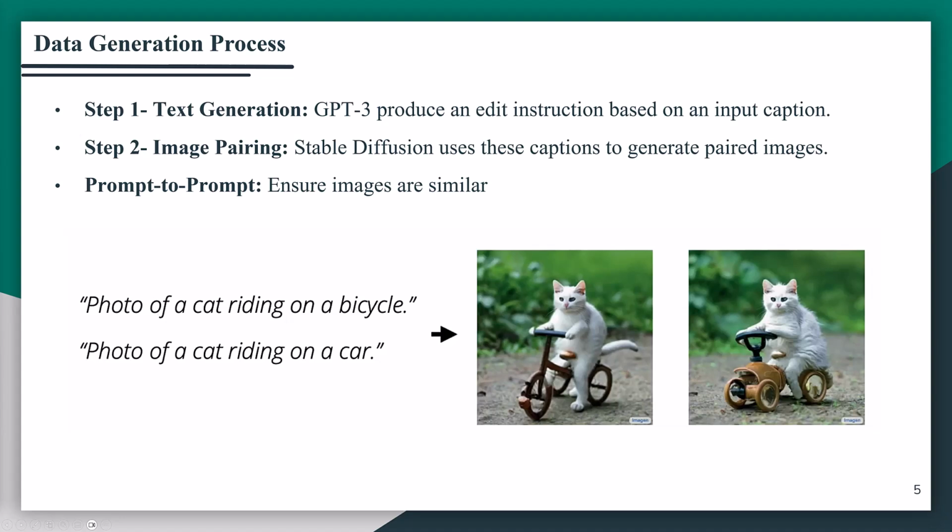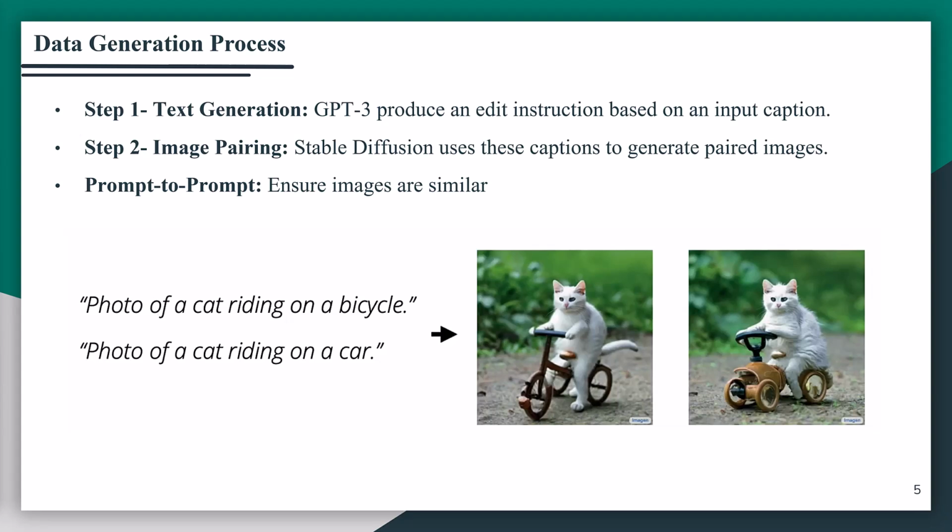So the data generation begins with GPT-3 creating an instruction based on the initial caption. This change in caption is then used by Stable Diffusion to generate paired images, and Stable Diffusion uses prompt-to-prompt to ensure the images are similar and only differ in specific changes.